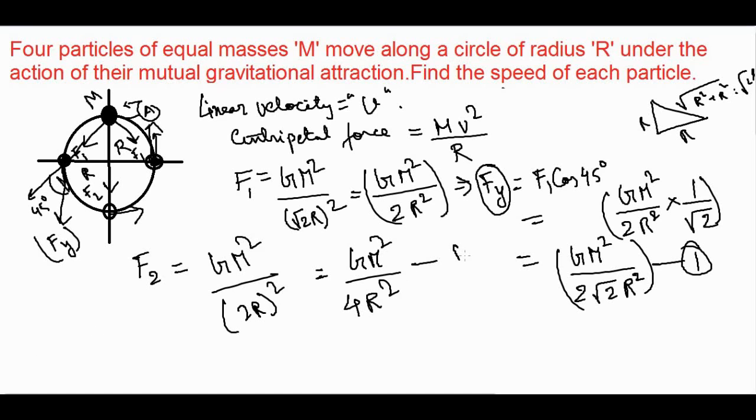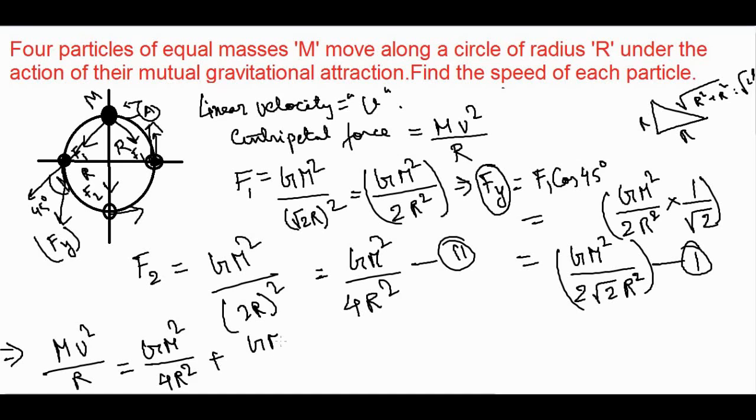Now I will name this as 2. So the equation becomes m v square by r is equal to G m square by 4 r square plus G m square by 2 root 2 times r square plus G m square by 2 root 2 r square.